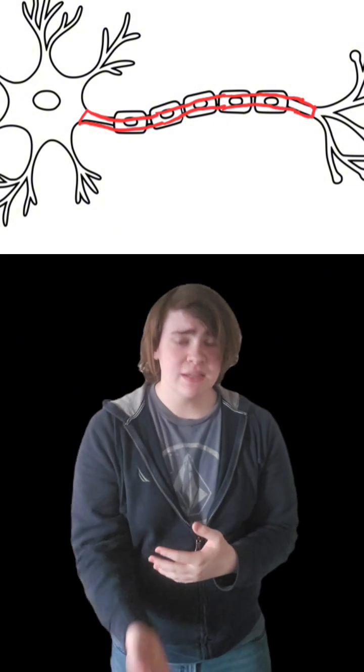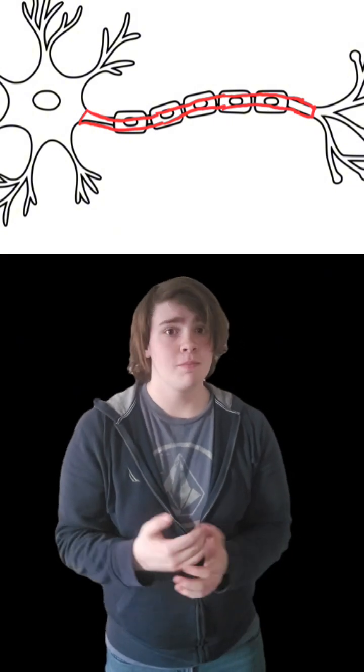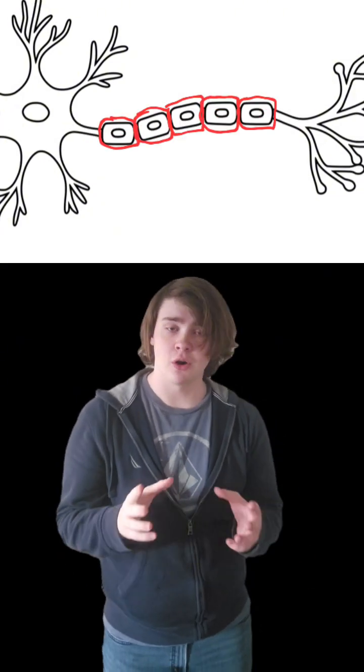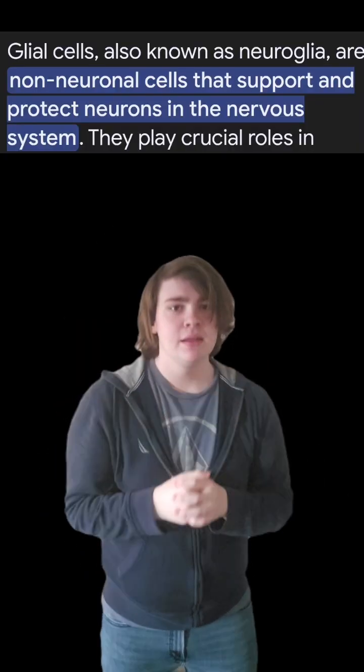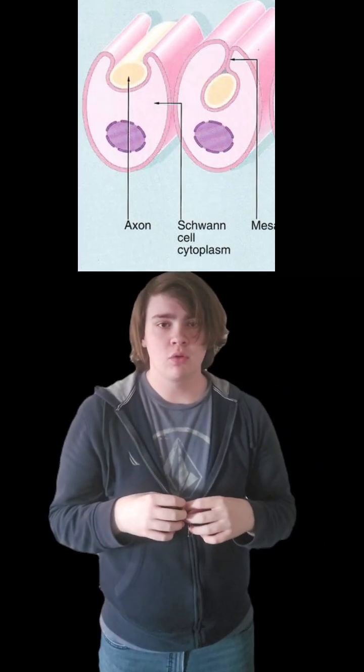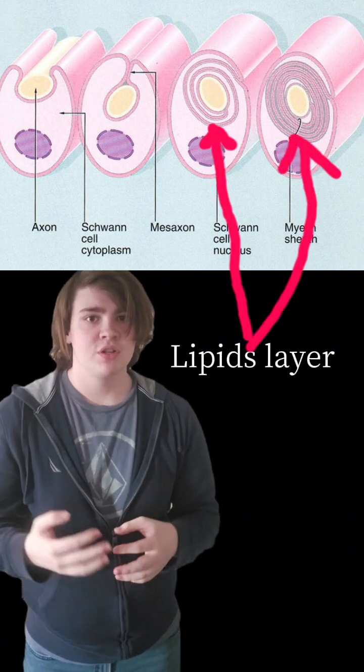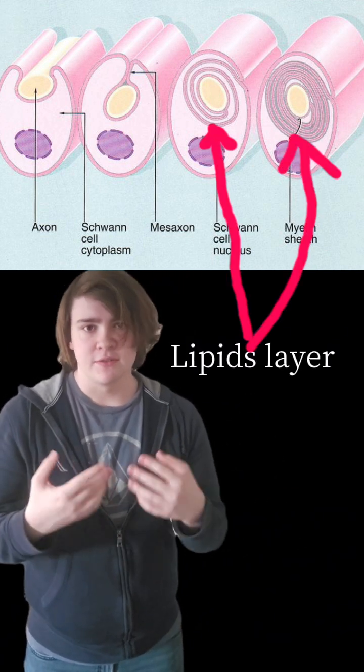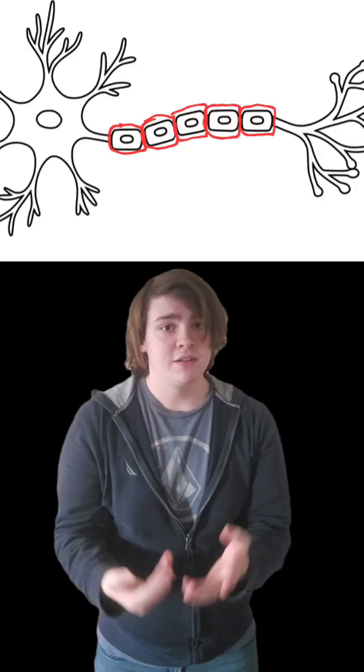But what's important about the axon is not necessarily what it does, it is what's on it, which are myelin sheaths. Myelin sheaths are made by Schwann cells. What are Schwann cells? Well, they are glial cells, which means this, that form around the axon, and they will produce layers of lipid, which eventually, with enough layers of these lipids, form the myelin sheaths.